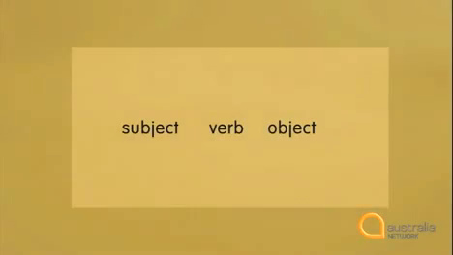To form the passive, we also need to change the sentence around. Most English sentences use the active form. That's subject, verb, object. But in the passive, sentences begin with the object of the verb. Object, verb, subject.